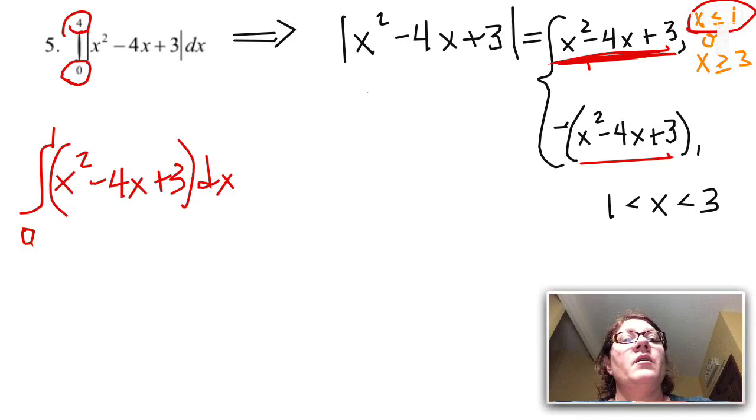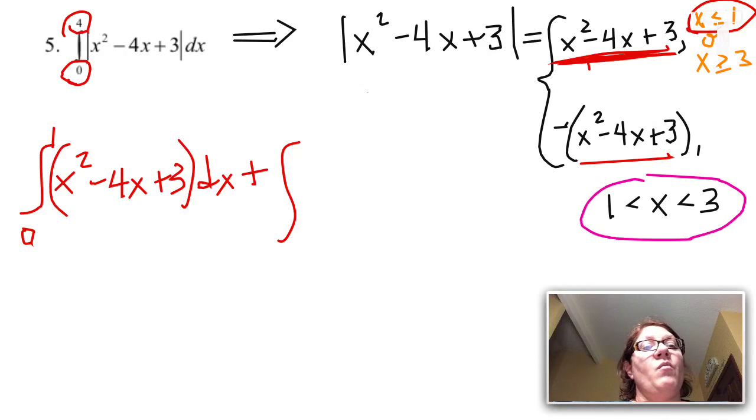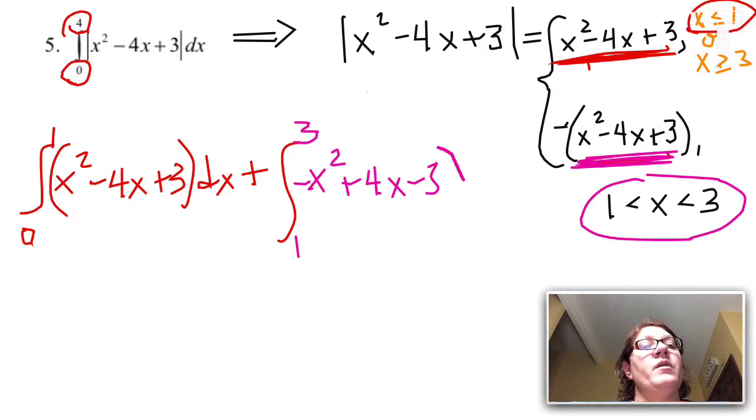And then when I go to the next piece, that would be everything in this region from 1 to 3. I would have to use this formula. I'm just going to distribute the negative now and be done with it.